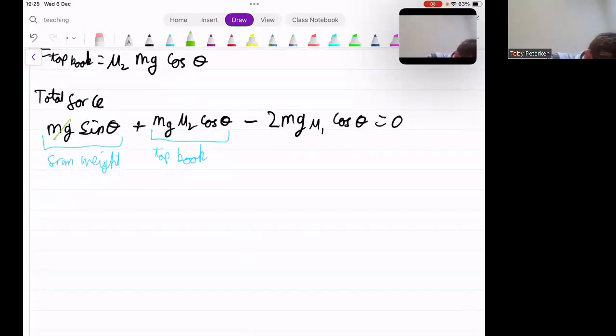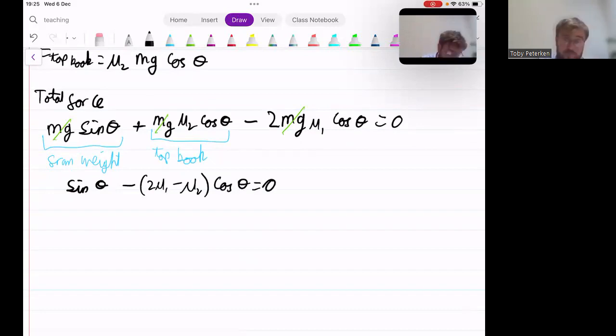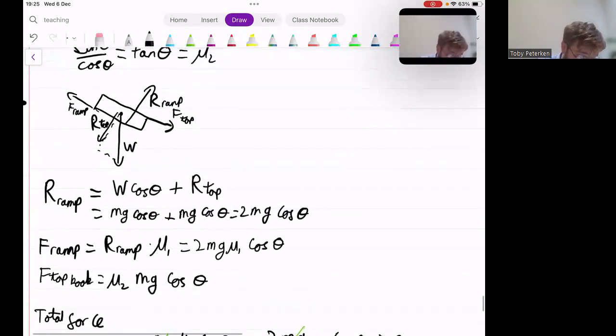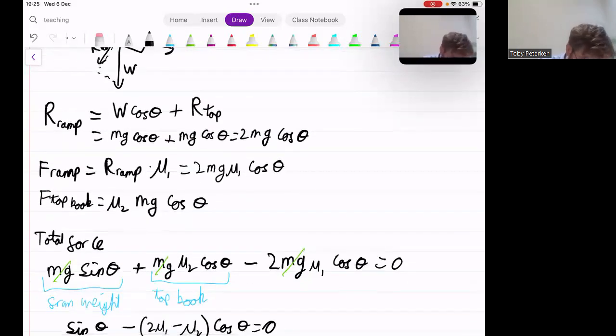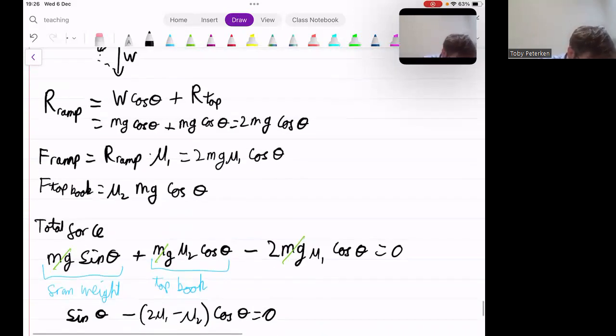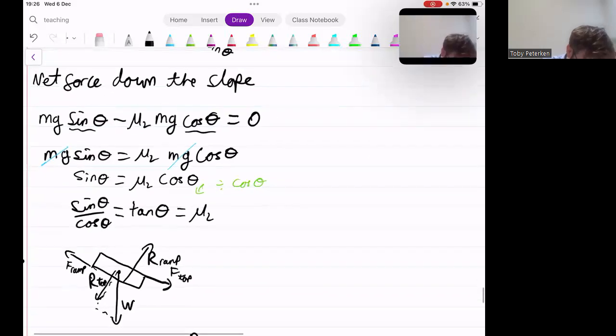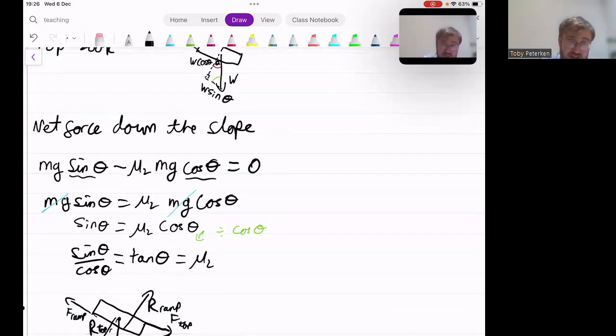Well, we can cancel all these mg's, and we can make the two cos theta terms one term. So we have sine theta take away (2 mu1 minus mu2) cos theta equals 0. And this is a very similar expression to the one we have here in the middle of the screen now.